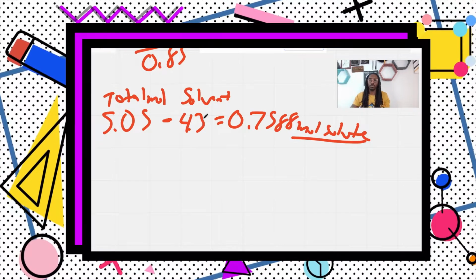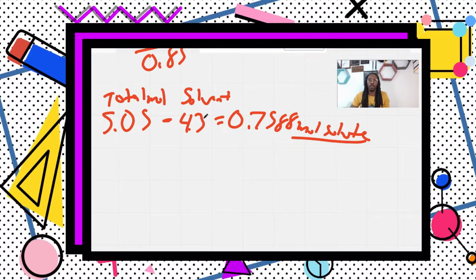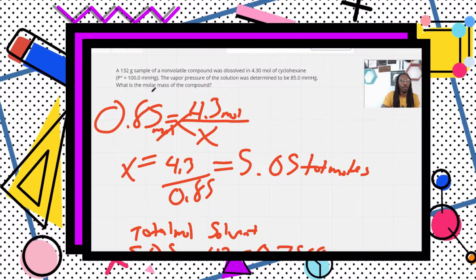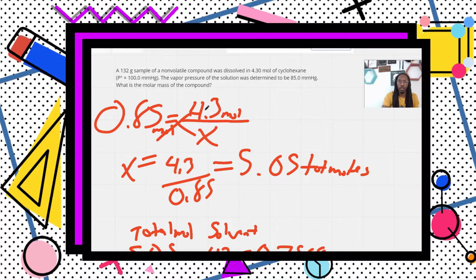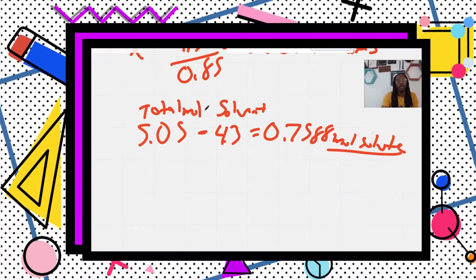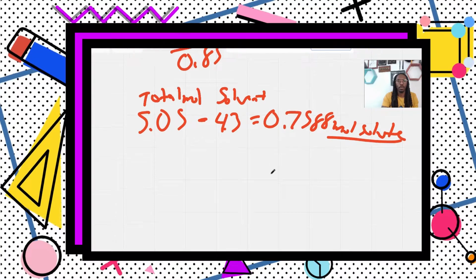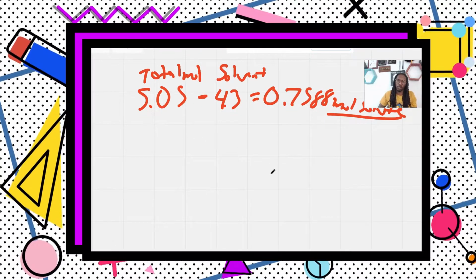Now we have our moles of solute, and remember, it's asking for the molar mass of our compound, for which we have 132 grams of our sample. If I have 132 grams of my sample, and now I know the moles of my solute, which is the same sample, can we find molar mass?